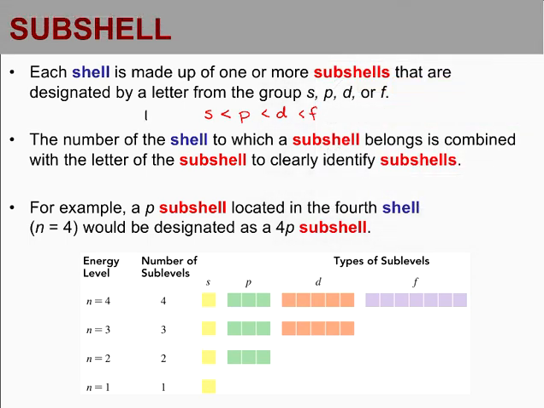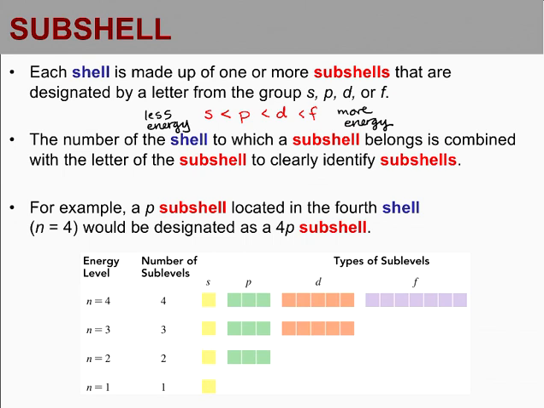So we'll put less energy next to S, and then we'll put more energy next to F. So not only do we have these different shells with different energies, but now within each of those shells we have subshells with different energies. So we're really starting to narrow down where an electron can exist in an atom.